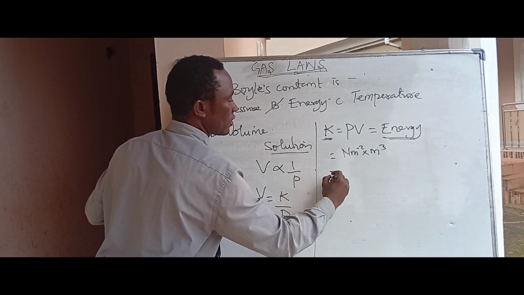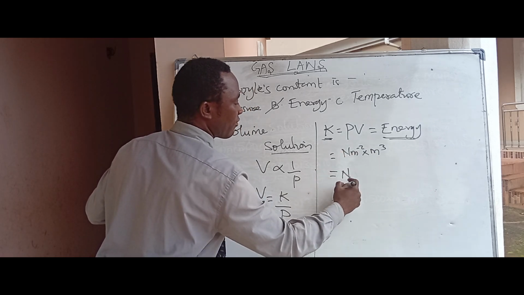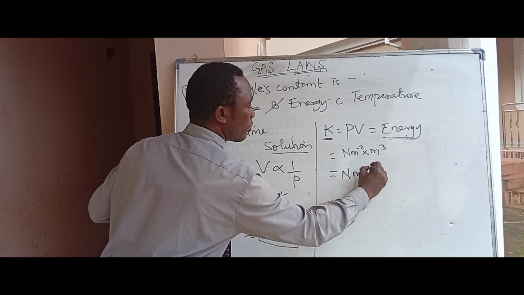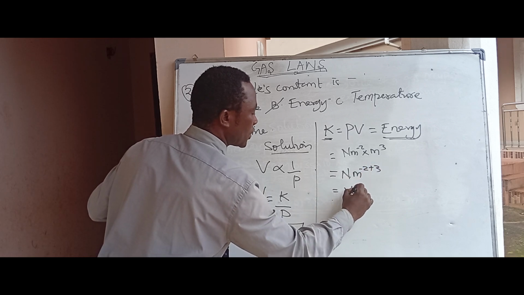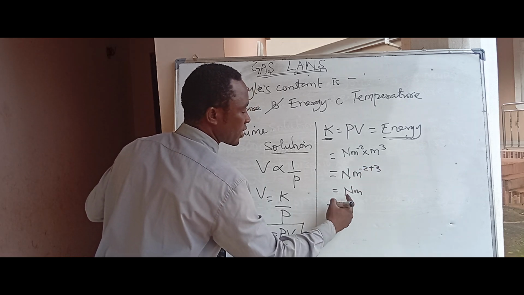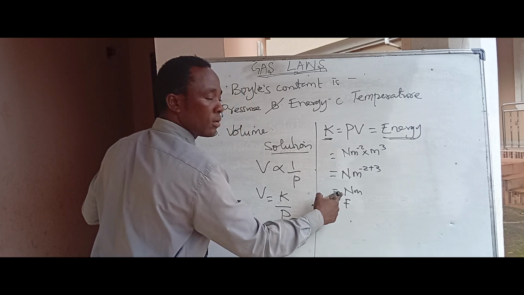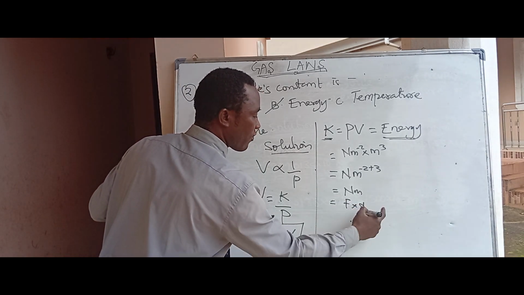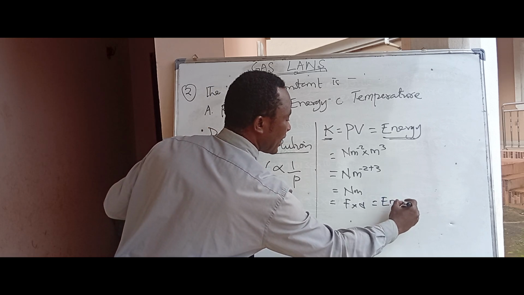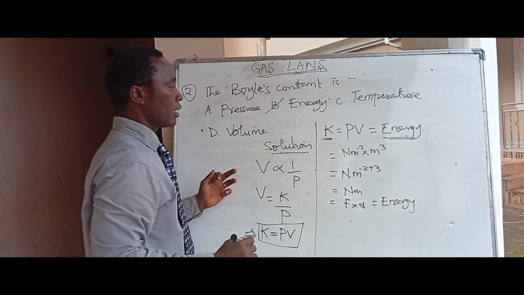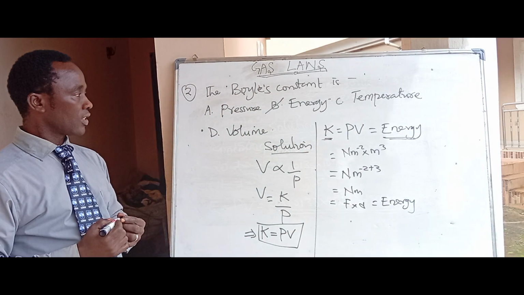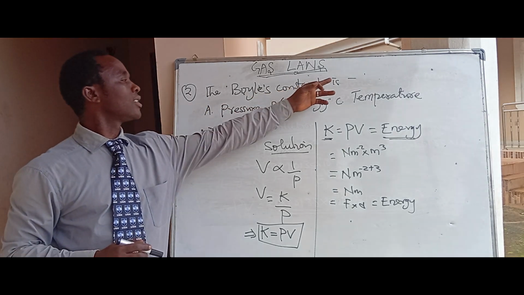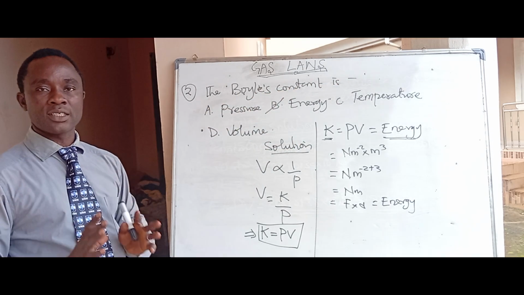By indices, you have Newton meter to the power minus 2 plus 3, which is equal to Newton meter. Remember, Newton meter simply means force in Newton multiplied by distance in meter. And force times distance is equal to energy. That is to prove that PV is equal to energy. So the Boyle's constant is equal to energy. That is question 2.